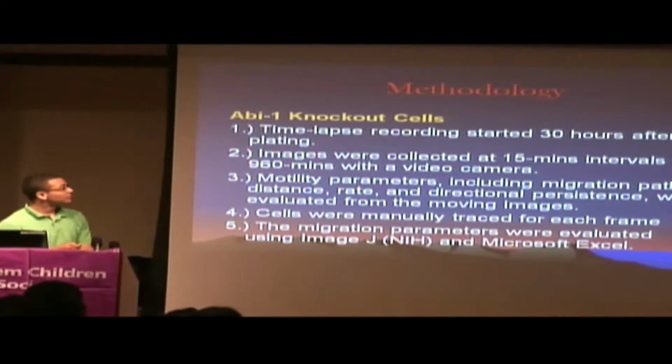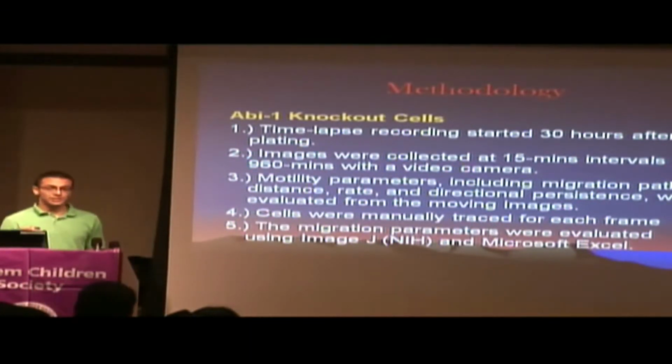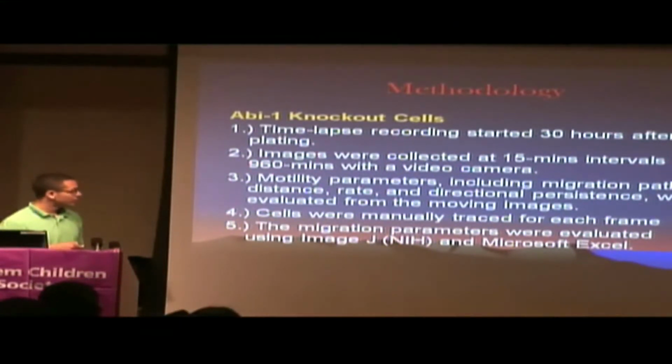Okay, so within the ABI1 knockout cells, by knockout cells I mean the cells that the ABI1 protein was taken out from, 30 hours after plating or after taking the protein out, images were collected at 15-minute intervals for over 960 minutes.